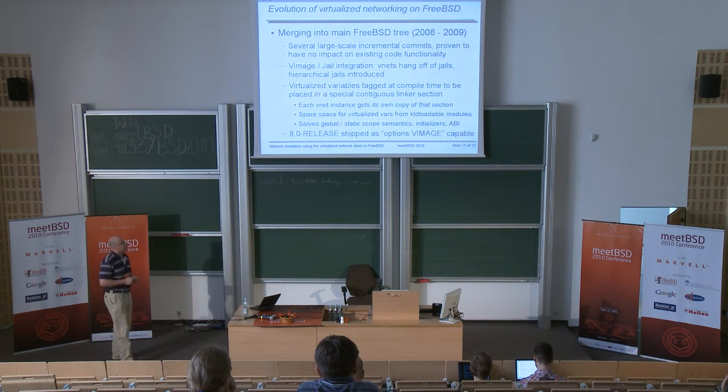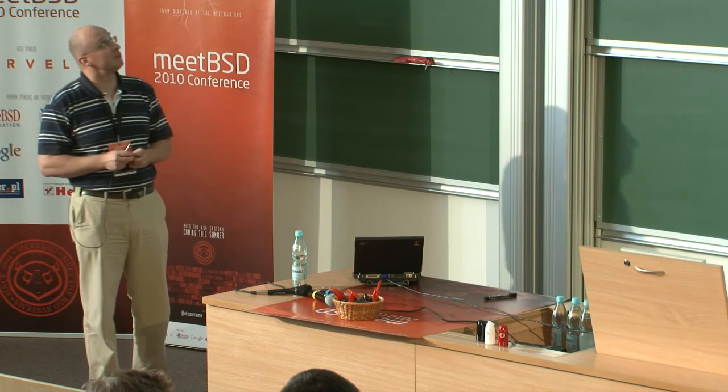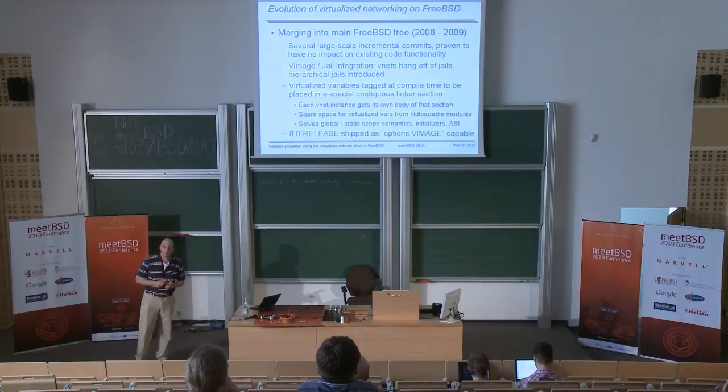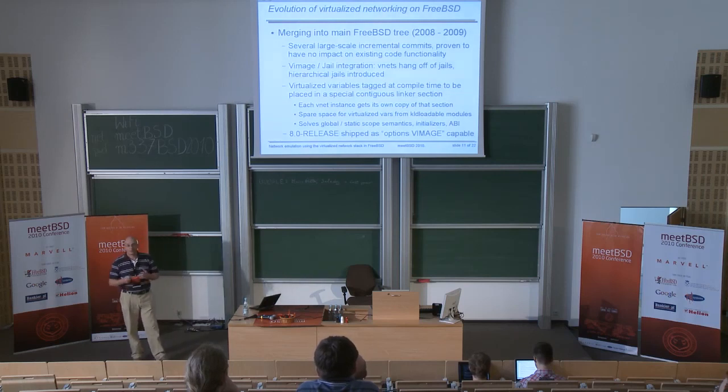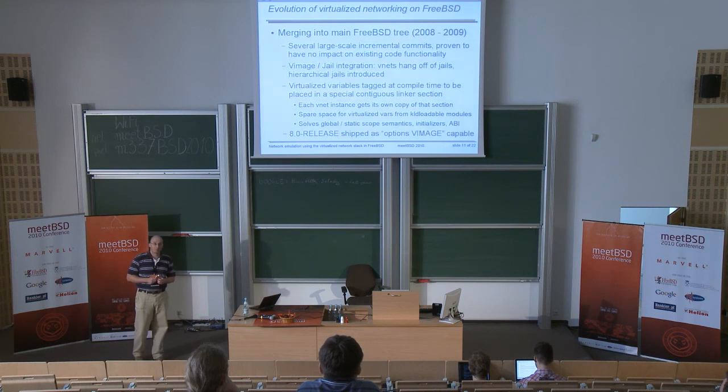In 2008, it was decided that the prototype was reasonably safe to merge into FreeBSD 8, and particularly Bjoern Zec went to great lengths to prove that the changes that we were merging in incrementally didn't change anything in the existing code, and that all the changes could be compiled out.